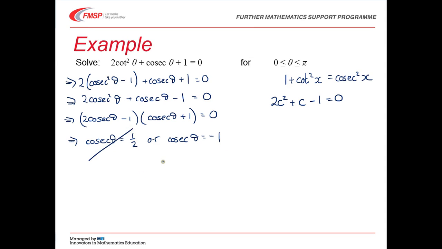So we just go with cosec being equal to -1, and that gives us that sine theta is -1, and therefore that theta is 3 pi over 2, because we're only looking for solutions in this range. That should say 2 pi up there, otherwise we're not going to get a solution.